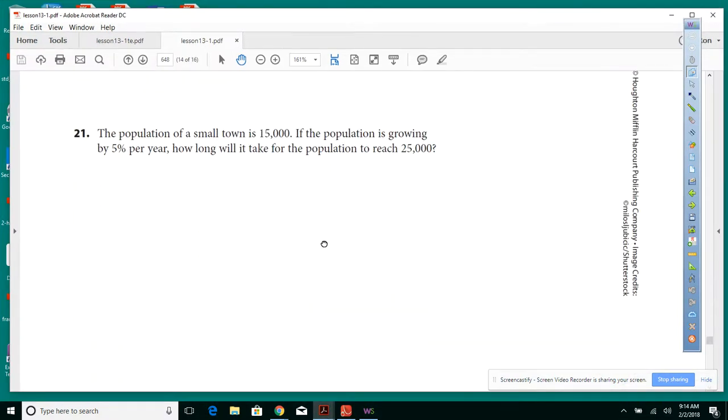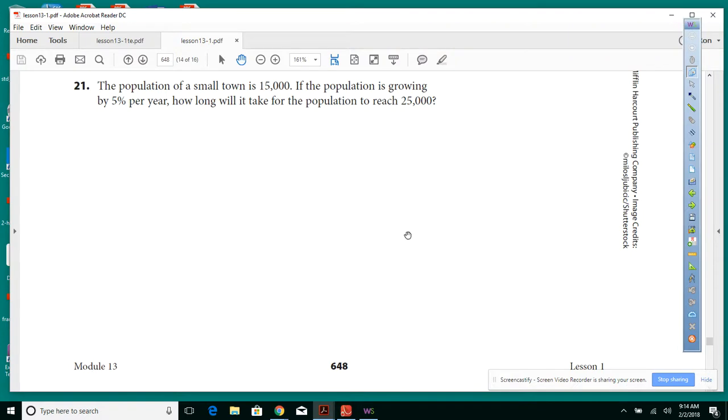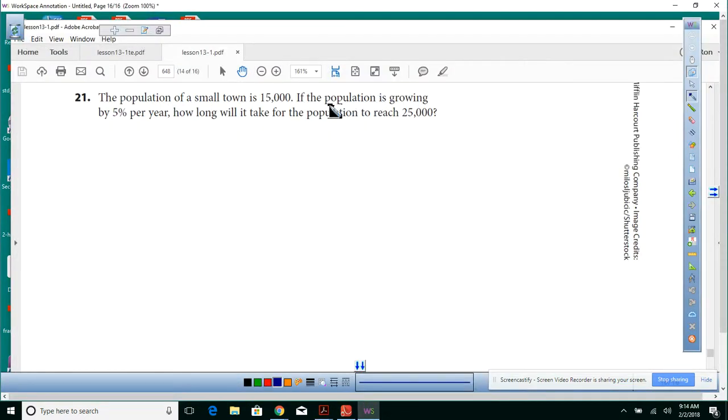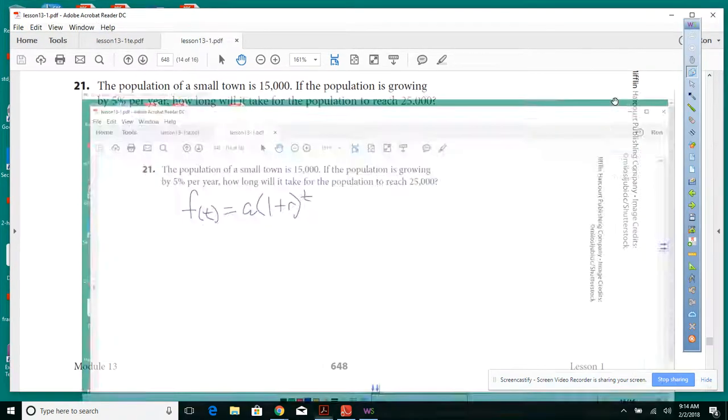Try 21. The population of a small town is 15,000. If the population is going by, okay, here is the formula. I want you to fill it out and find it, okay? I will be checking.